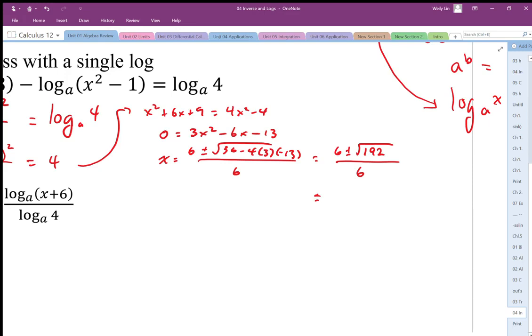Okay, so it's divisible by 16 and divisible by 4, so that's divisible by 64. So we have a common factor of 8. We get 6 plus or minus 8 root 3 all over 6, and we can simplify that fraction into 3 plus or minus 4 root 3 over 3.